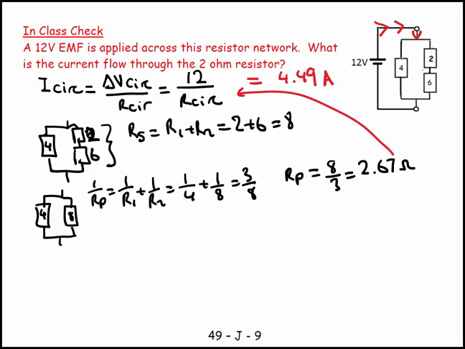Now I can easily find out the current through the 4, which is equal to the potential difference across the 4 divided by the resistance of the 4. And I know my potential difference across the 4 is 12 because there's no potential difference in the wires. So this here is 12 volts above that point there.